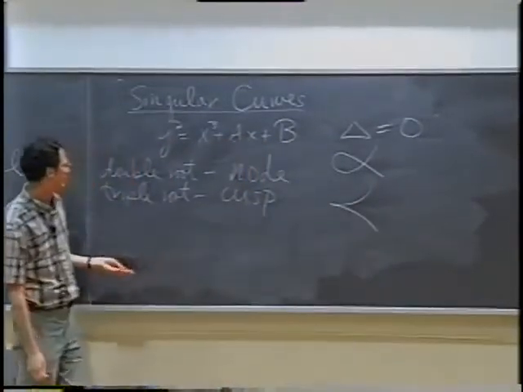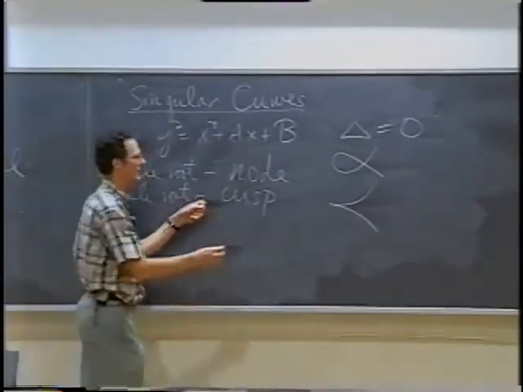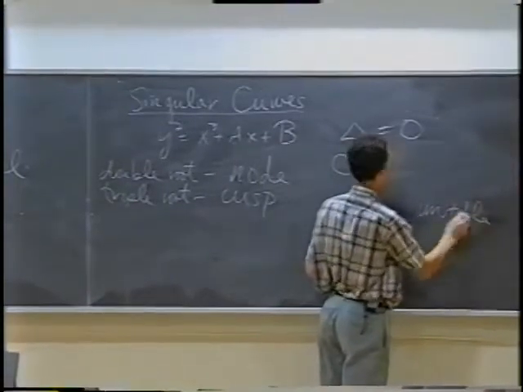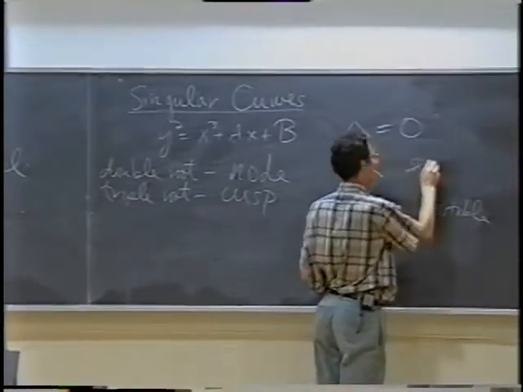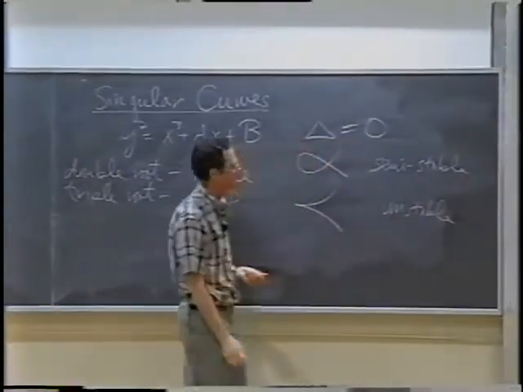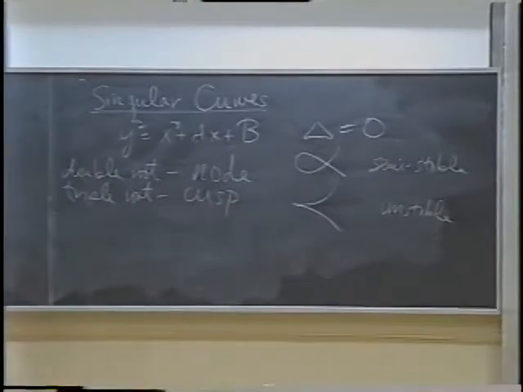As Glenn pointed out, these are called unstable, and the node case is semi-stable. Well, when you talk about reduction, I guess one says that.